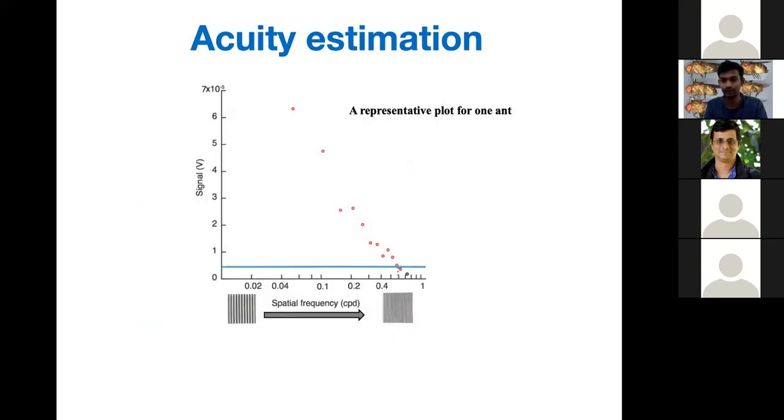From the voltage readings, we can estimate the acuity as follows. We have different spatial frequencies for which we measured the voltage signals, and we also measured the voltage signal when there's no visual cue, which is my control noise threshold. So acuity is basically the value of the spatial frequency at which the voltage signal goes just above the noise threshold.